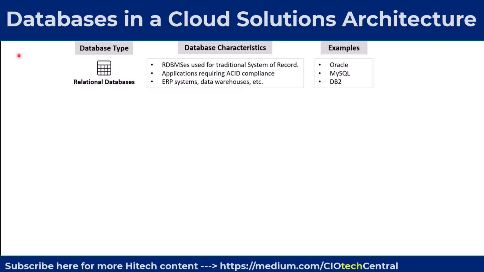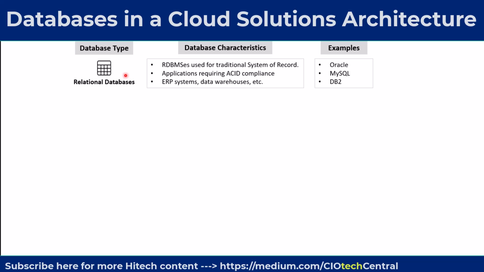Relational databases. Relational databases, or RDBMSs as they are called, are one of the most common and oldest types of databases and are used for system of record types of applications such as ERP systems. In these databases, data items are conceptually arranged in columns and rows with specific relationships between them. They are usually used for transactions where there are requirements for ACID compliance.